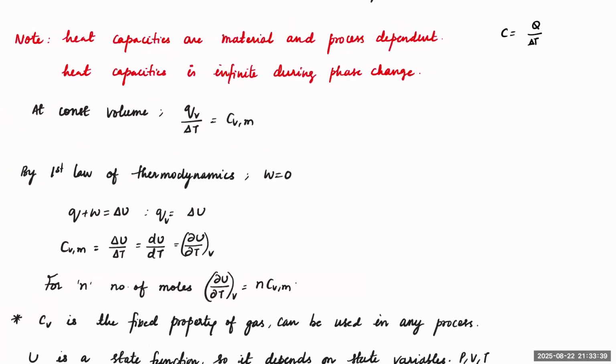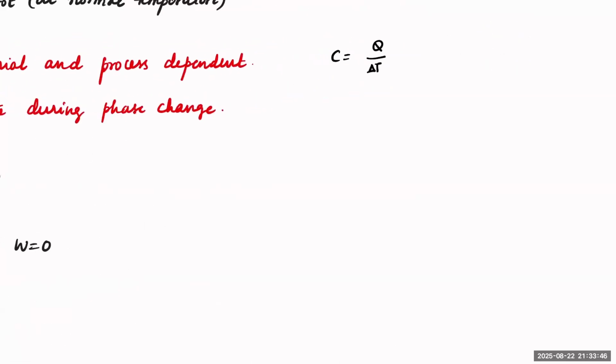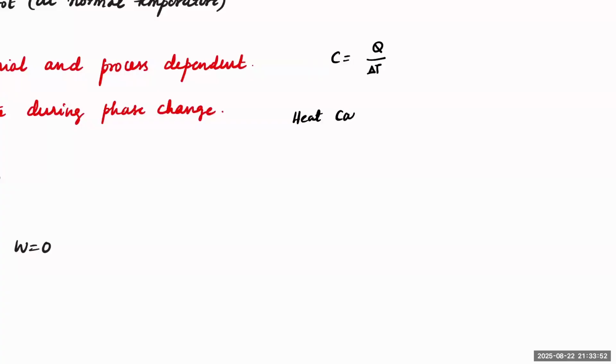Now, if you are doing it for different types of heat capacities, we will have different names associated with it. For example, if you write only heat capacity, nothing else, then we write this as small c, which is equal to how much amount of heat is being given to change the temperature.